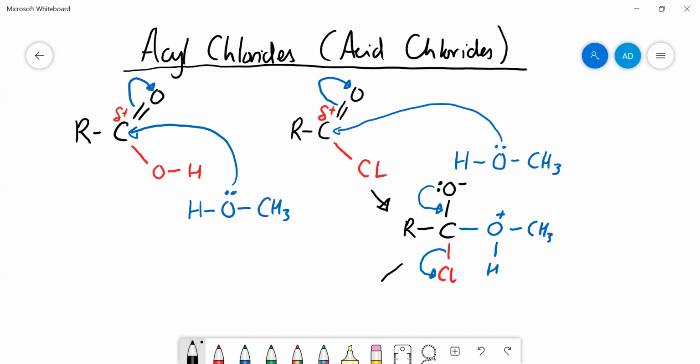So if I draw now, what we've got left is this, and the final step in the mechanism is just for this hydrogen to come off. So that pair of electrons goes back into the oxygen and we form the ester.